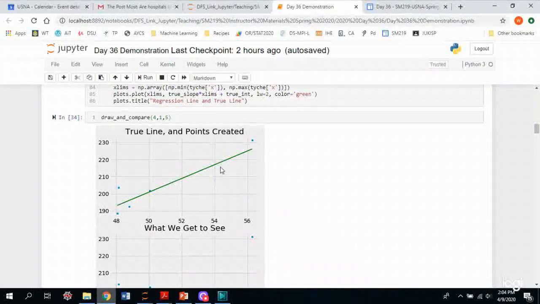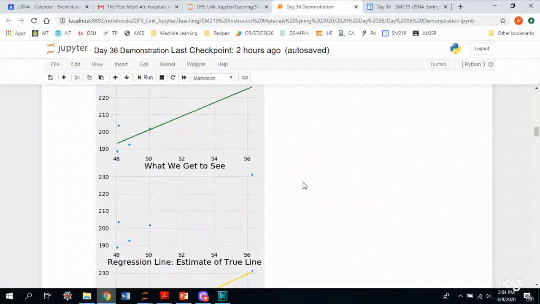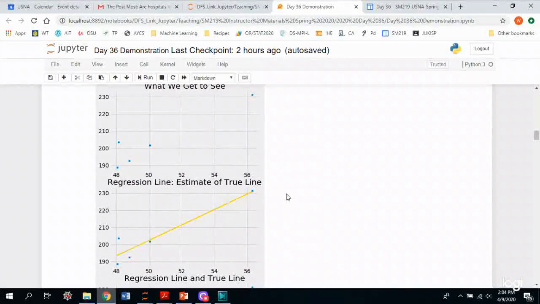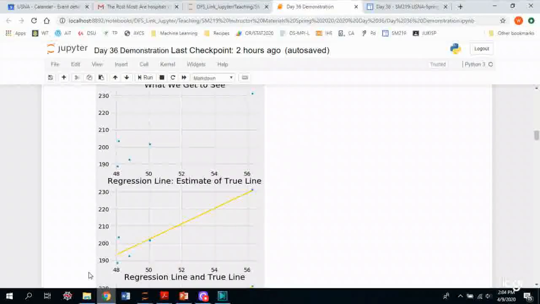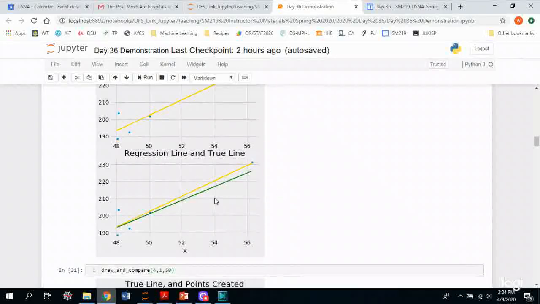Okay, so this is the data that has been created. What we get to see is these 5 points, and we'll fit a line of best fit to that. Here's the line of best fit. It's our estimate of the true line, and then here's a picture of both our line of best fit in gold and the true line in green. And you can see we've done pretty well with 5 points.